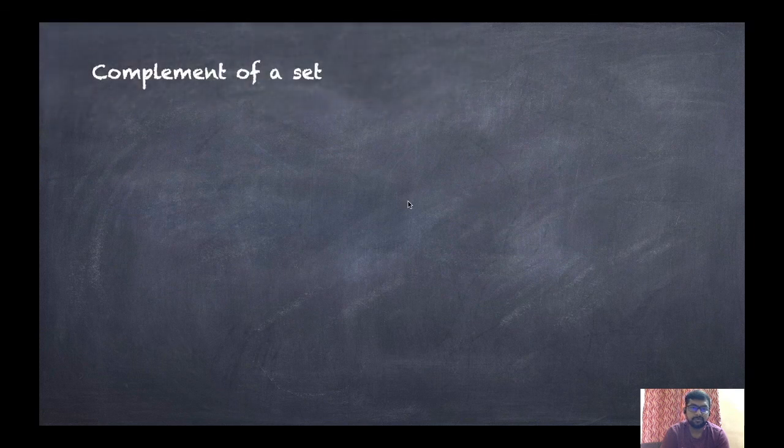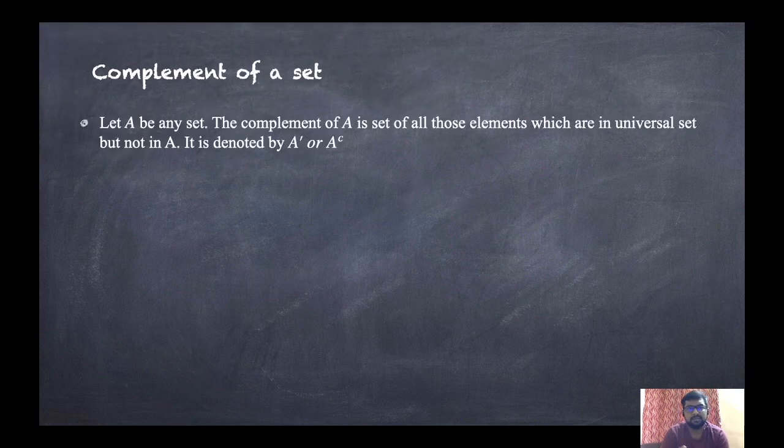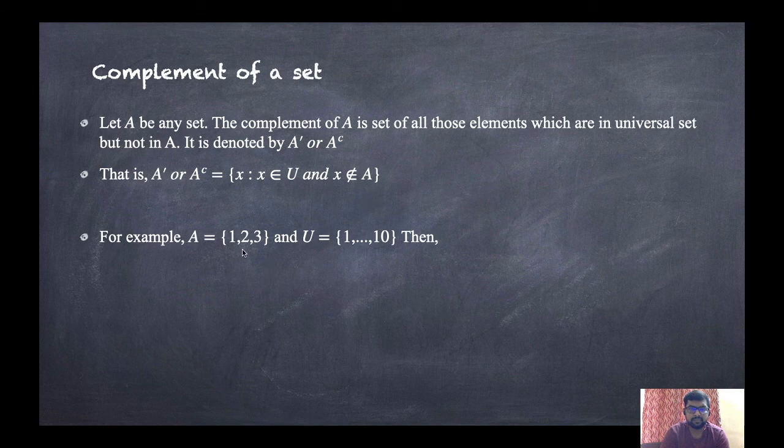Now what is the complement of a set? Let A be any set, then the complement of A is the set of all those elements which are in the universal set but not in A. It is denoted by A dash or A C. It is defined as the set of all x such that x belongs to the universal set and x does not belong to the set A. For example, A is 1, 2, 3 and U equals 1 to 10.